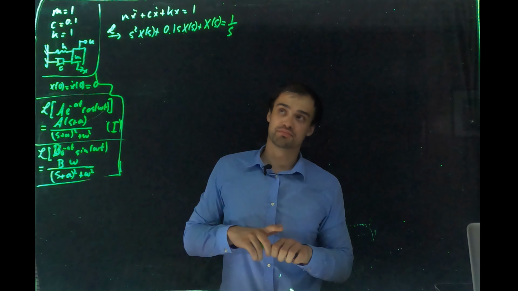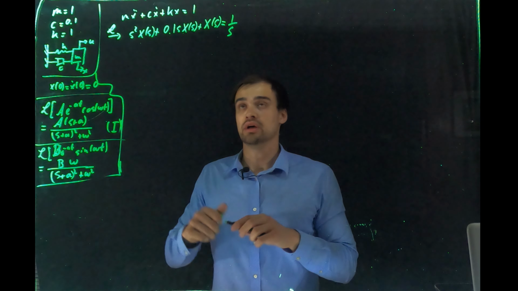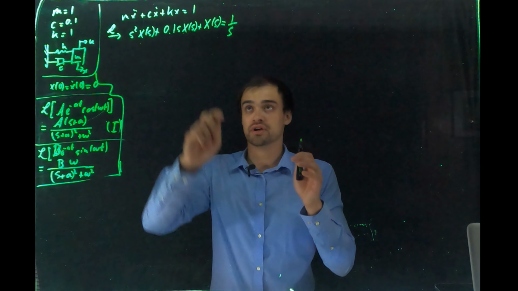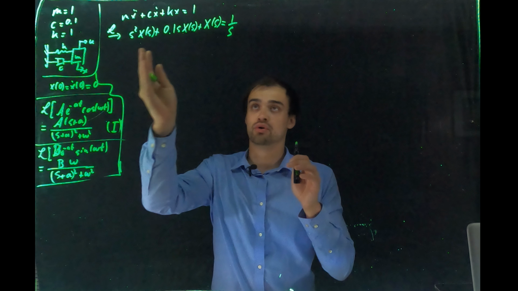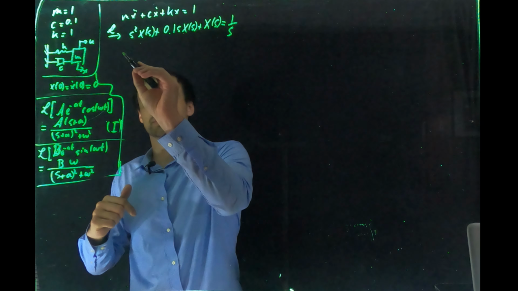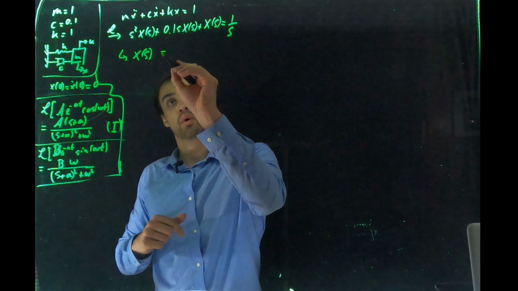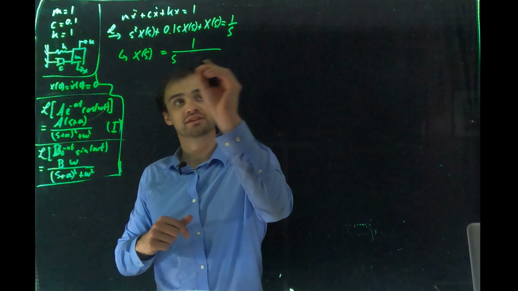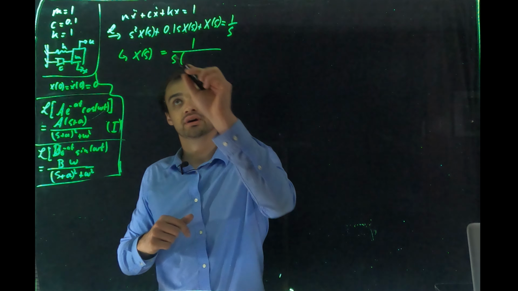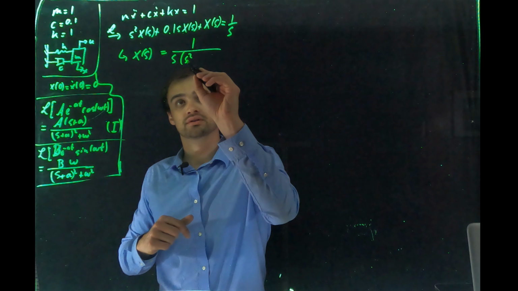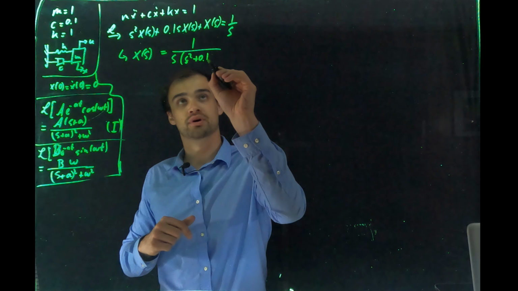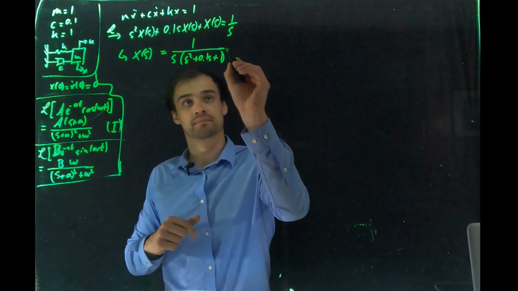Okay, this is the problem which we have so far. Now, let me shuffle the equation a little bit by putting the X(s) on one side and all the rest on the other side. If I do so, the equation can be simply written as X(s) equals 1 divided by s, that comes from the step input here, times 1 over s squared plus 0.1 s plus 1.